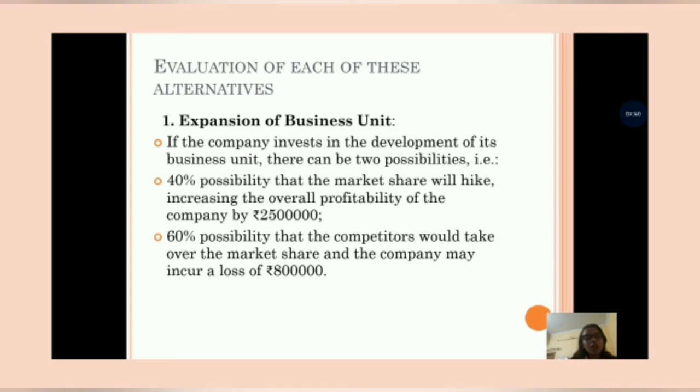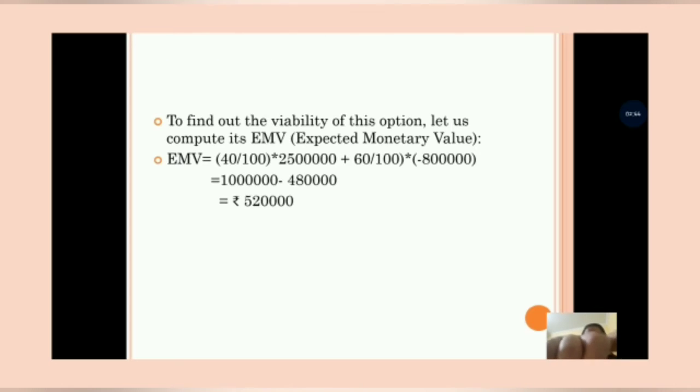Let us calculate the EMV of the alternative. If we find out the expected monetary value for this alternative, it comes out to be 5,20,000.